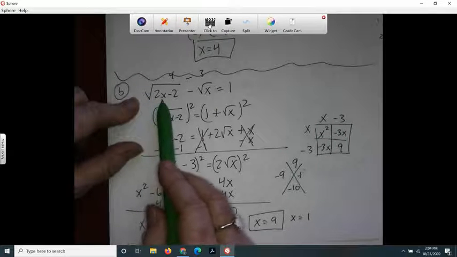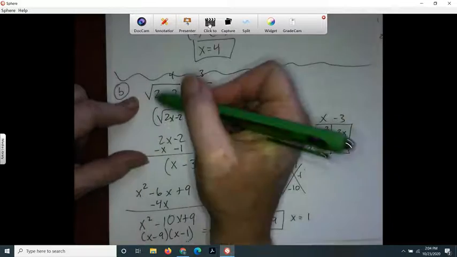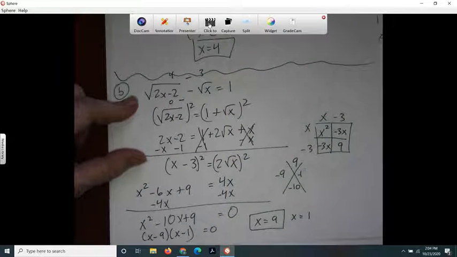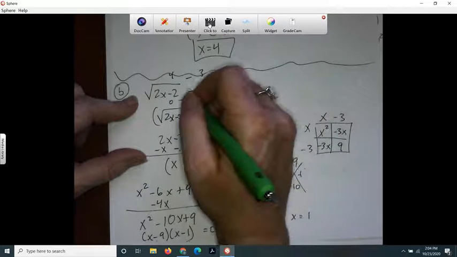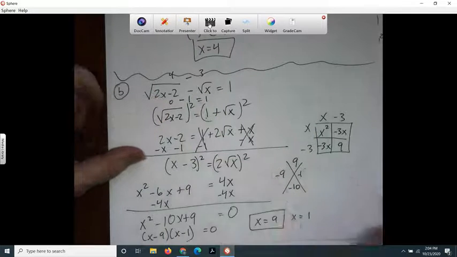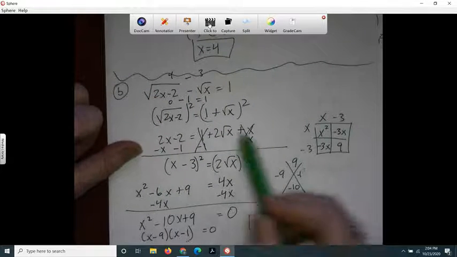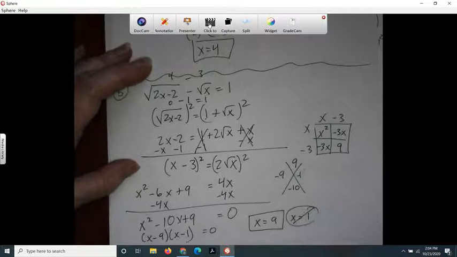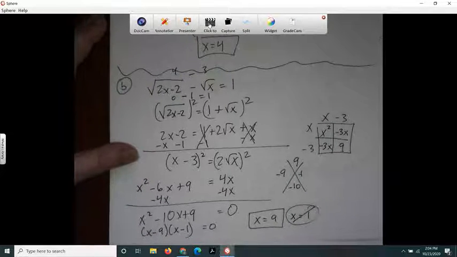Minus 2 is 0. Minus square root of 1 is 1, equals 1. Well, negative 1 is not equal to 1. So somehow this answer doesn't work. So the only answer for this problem is 9.